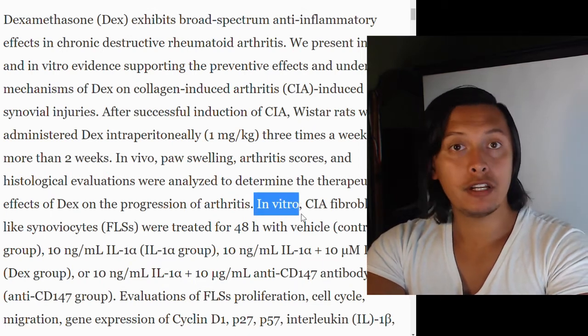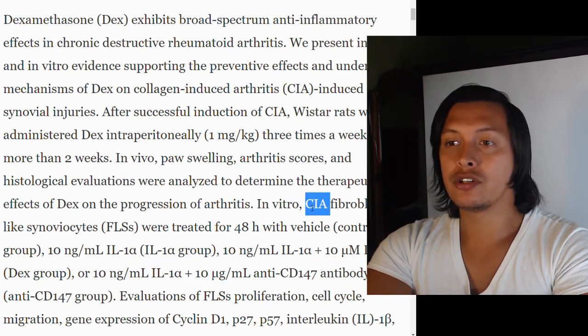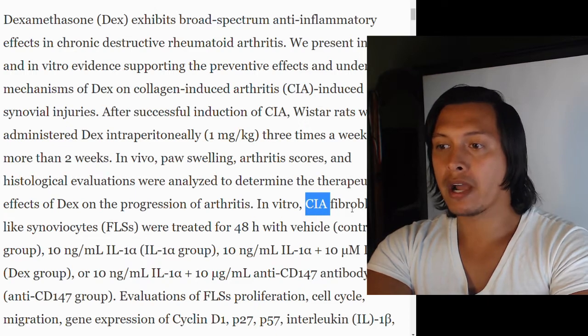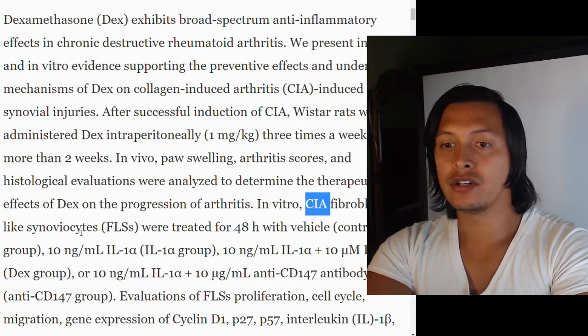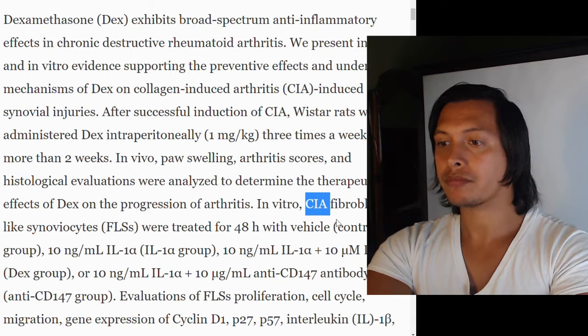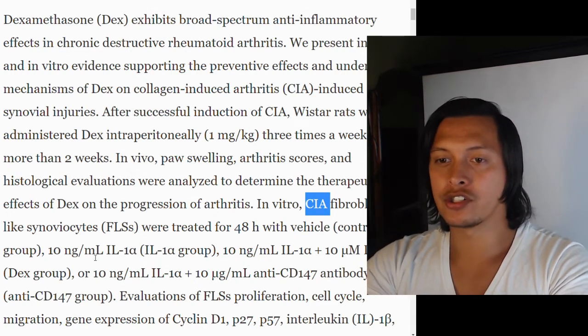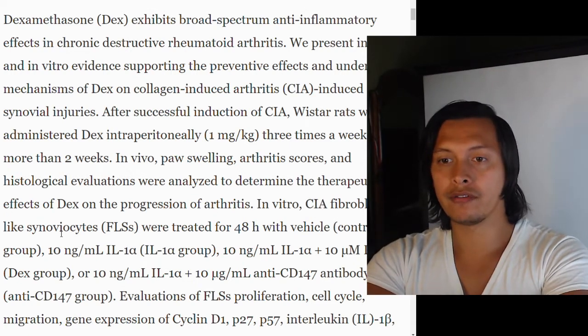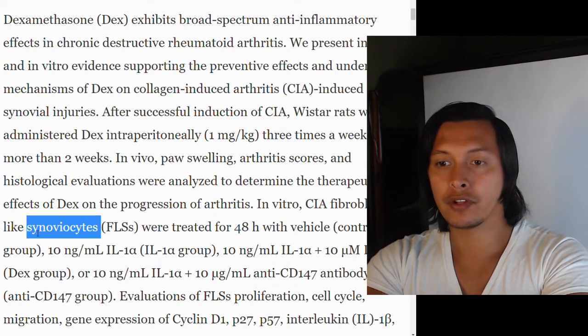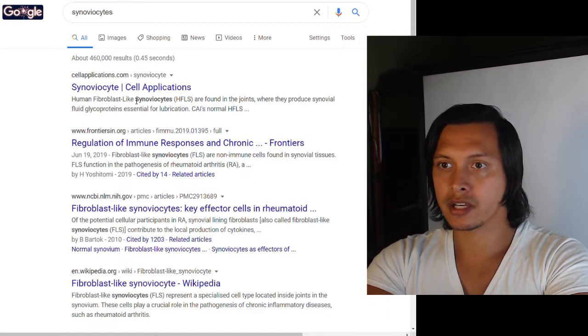And then in vitro, the collagen-induced arthritis fibroblast-like synoviocytes. So this is just a cell culture of cells that live in the synovial fluid. Let me double check that.